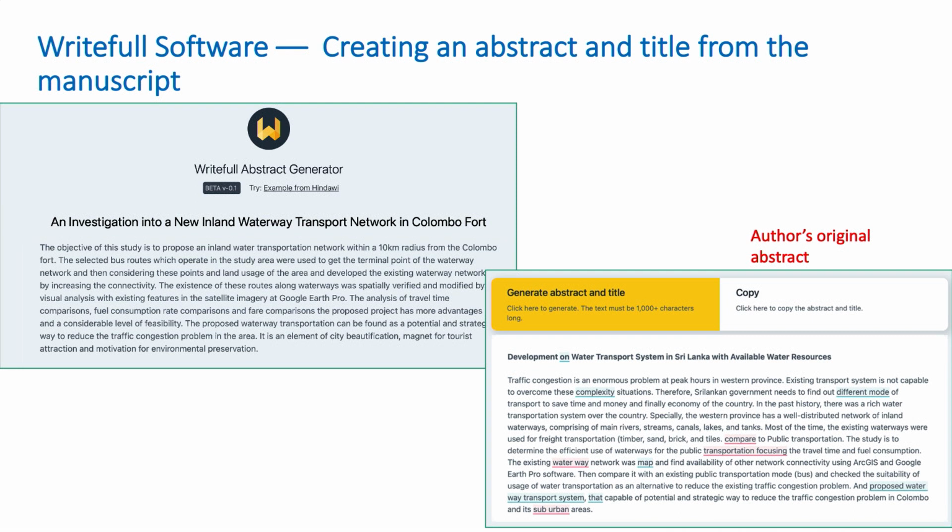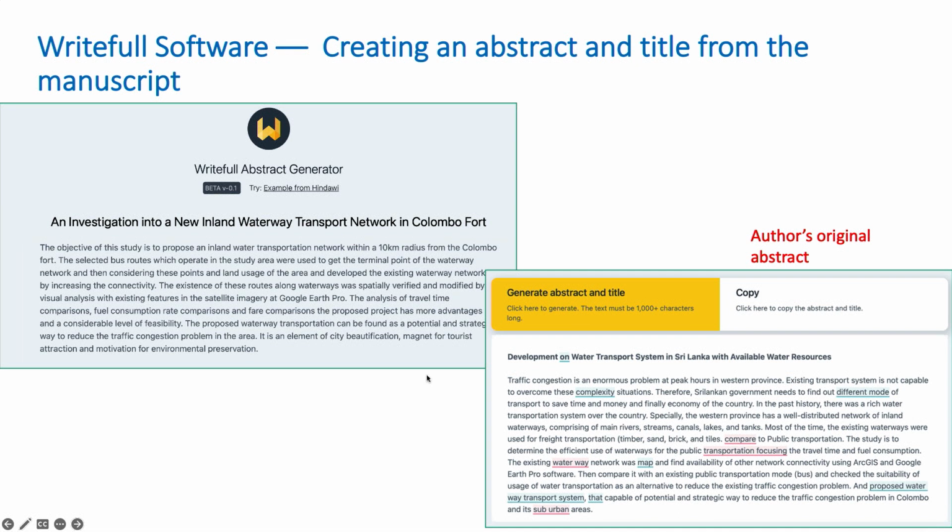The title itself is wrong. Look at the title and the abstract generated. The title would be an investigation into a new inland waterway transport network in Colombo Fort. Now it sounds nice. And also the abstract is given like this. Now here this abstract has many mistakes even. It is highlighted by Writefull itself.